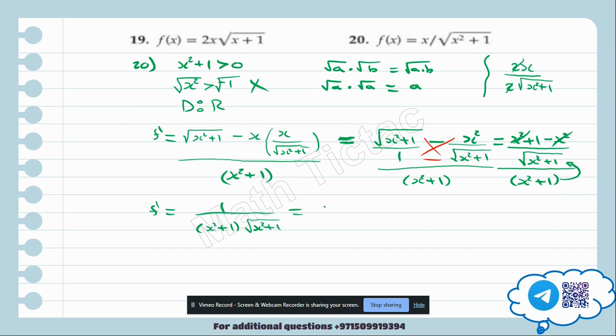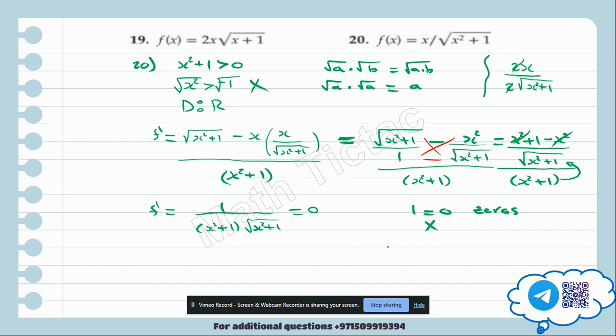Now we make the derivative equal to 0. From the numerator, 1 equals 0, just to find the zeros. That's incorrect, so we cannot find any zeros over here.